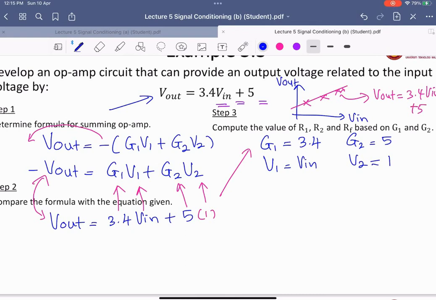Next, how about the resistor values that you're going to choose? G1 is equal to 3.4. G1 by definition is equal to RF divided by R1, equal to 3.4.